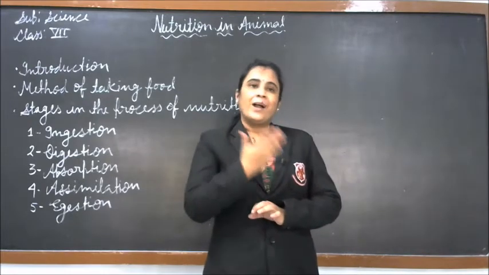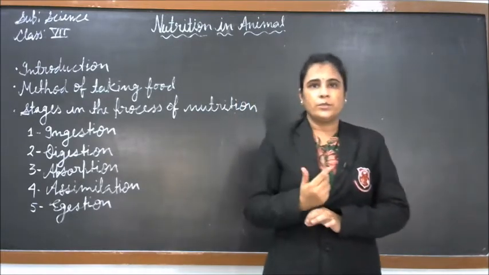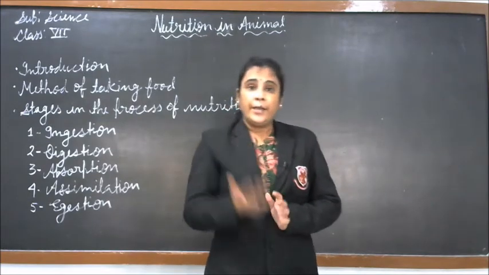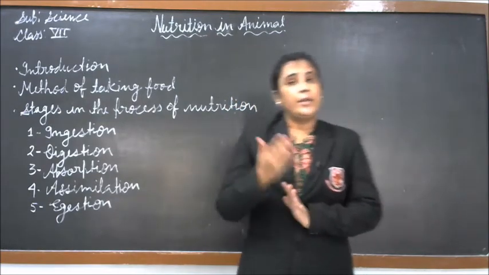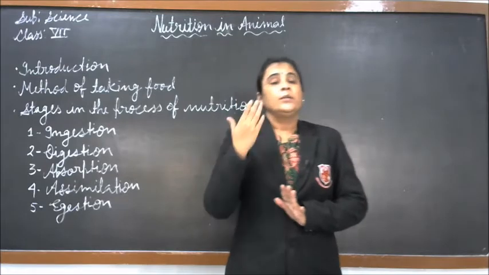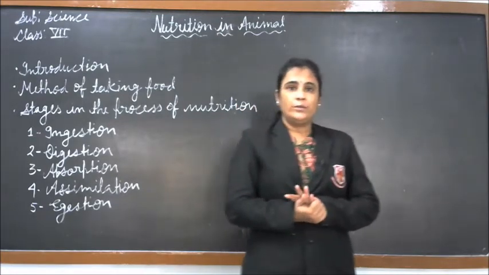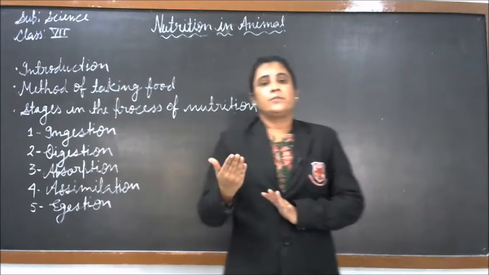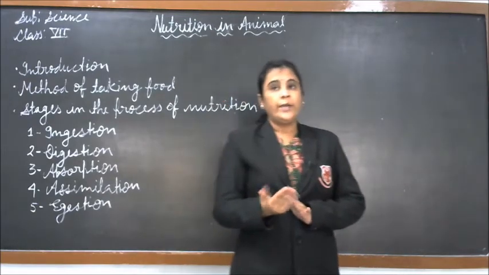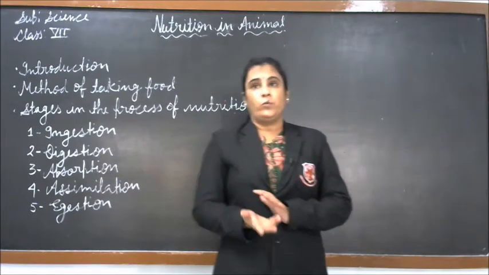So plants are also called producers, and animals are called heterotrophic organisms because they do not make their own food. They depend on others for their food, on ready-made food.